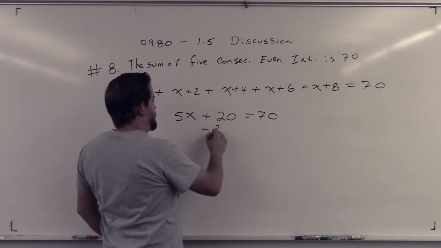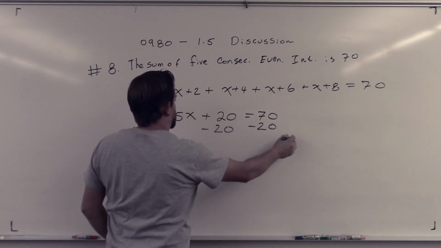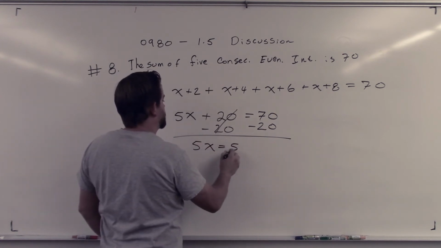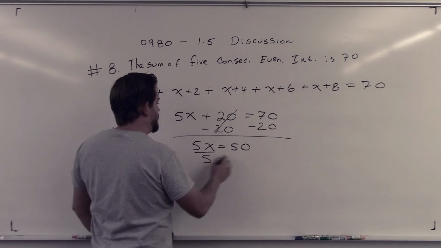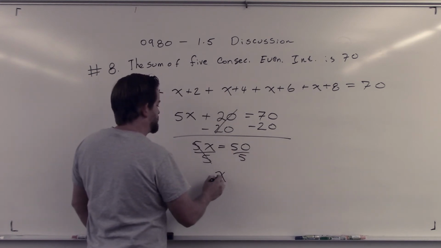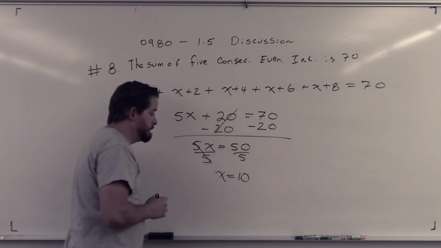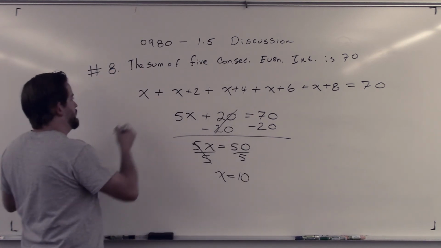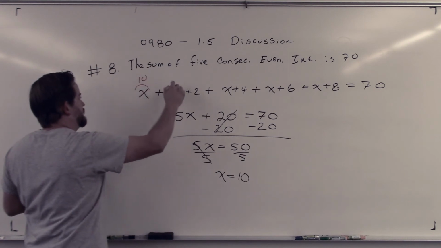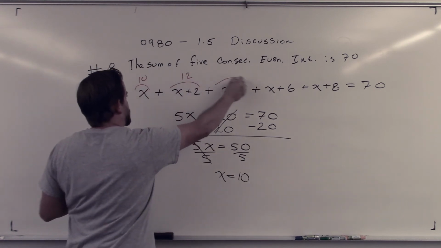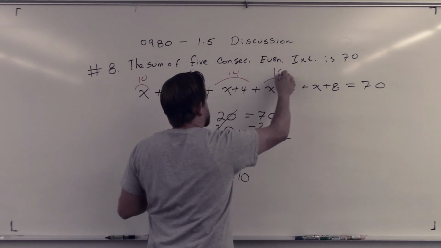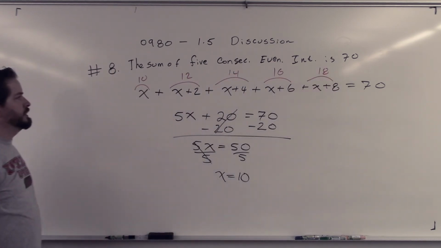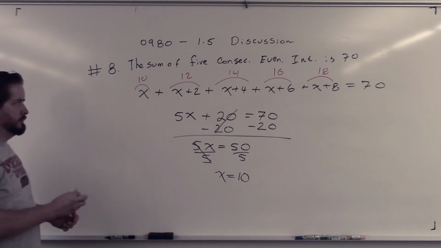Subtract 20 from both sides. I've got 5x equals 50. Divide each side by 5, and x equals 10. And that's my first number. The very first number here, x is 10, x plus 2 is 12, 14, 16, 18. If you add those up, that's 70.